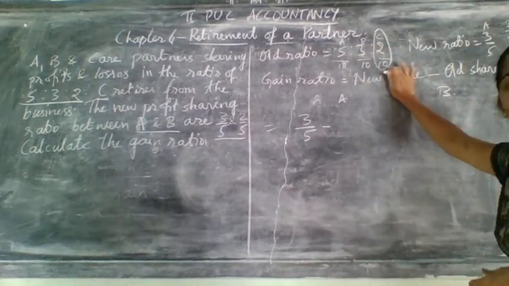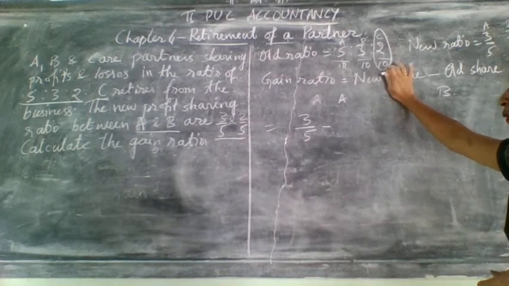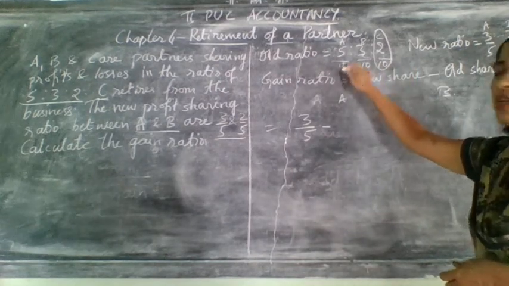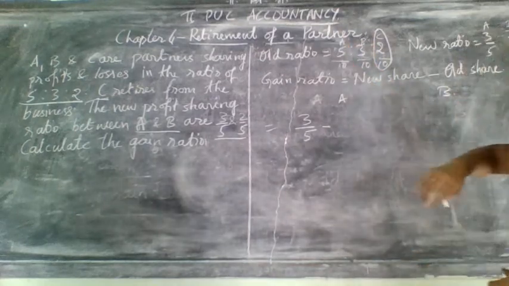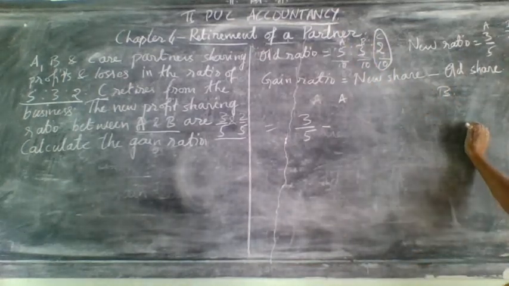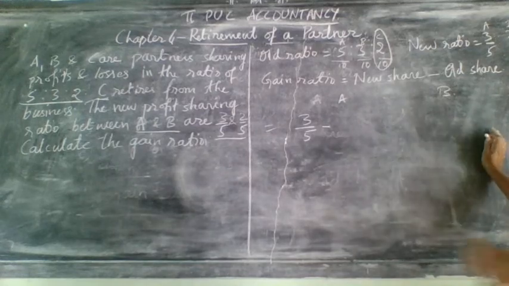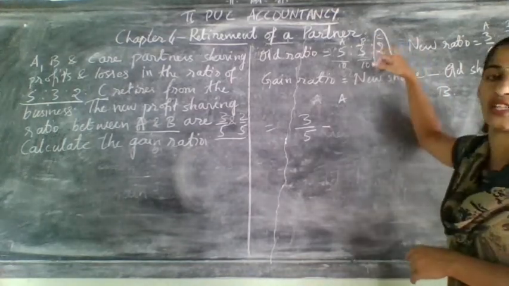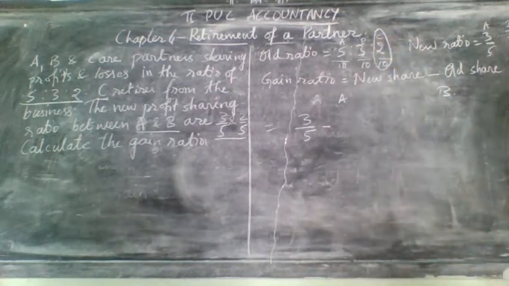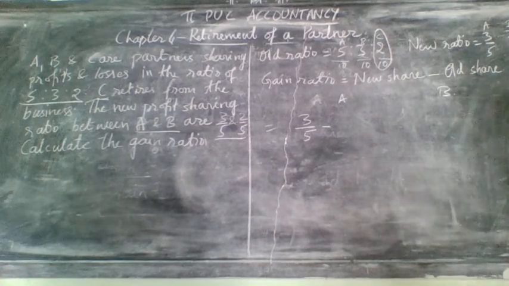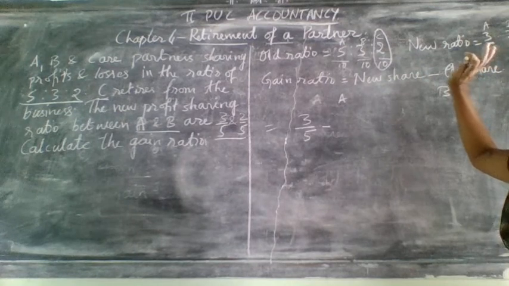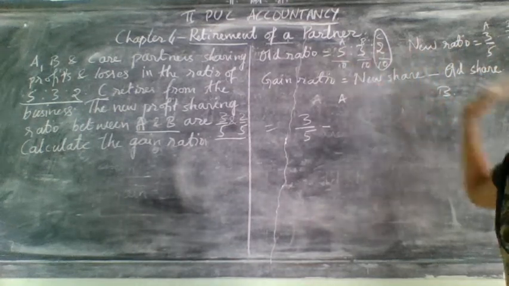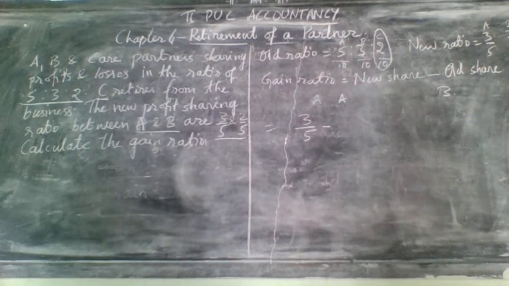Here it is no problem, because he is the last partner, so we will consider these two. Sometimes they will give a middle partner or first partner as the retiring partner. That time you will have confusion doing the problem. That's why you need to put a circle for the retiring partner. Then it is easy for you to do the problem. When you put a circle, you should not touch that partner at all. So leaving that, you calculate for the other partners.